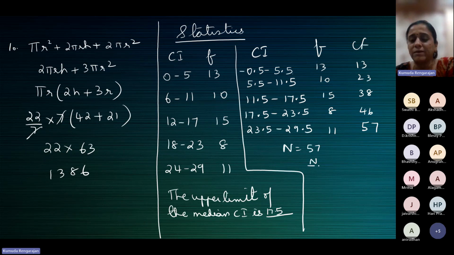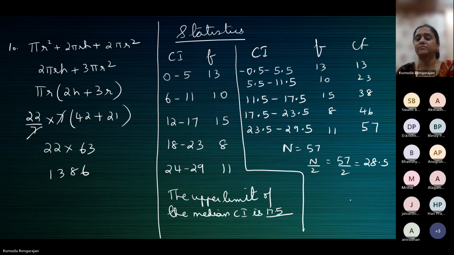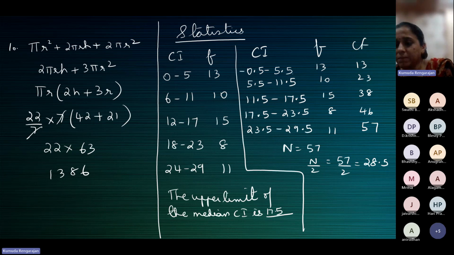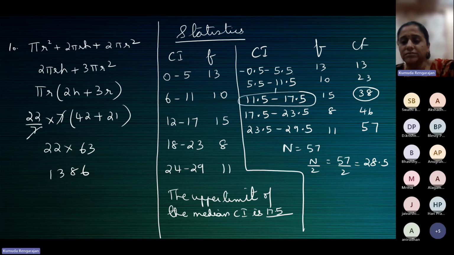Now you need to find N by 2. 57 by 2. So it's 28.5. Now in the CF column, this is the value that's just greater than 28.5. So the corresponding class interval, this one, is the median class interval.